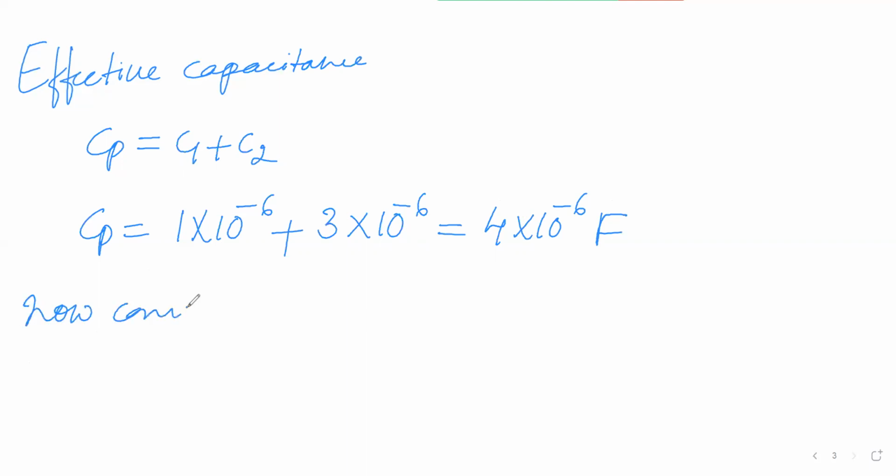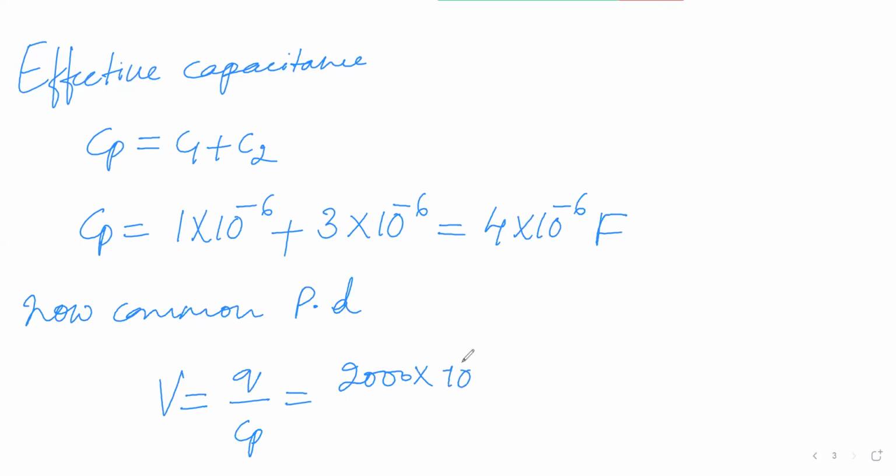Now the common potential difference V equals Q divided by Cp, that is 2000 into 10 to the power minus 6 divided by 4 into 10 to the power minus 6.